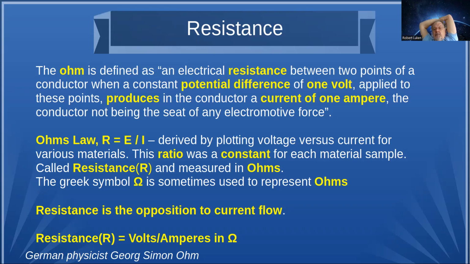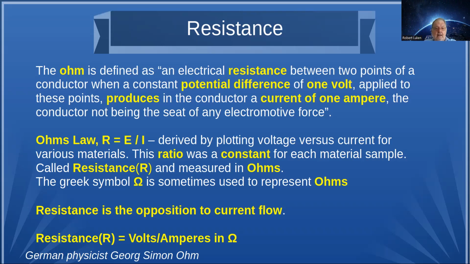And he did that for multiple values. And for each material, it turned out that that plot was a straight line. It was a constant ratio. So that's kind of how he derived his Ohm's law.